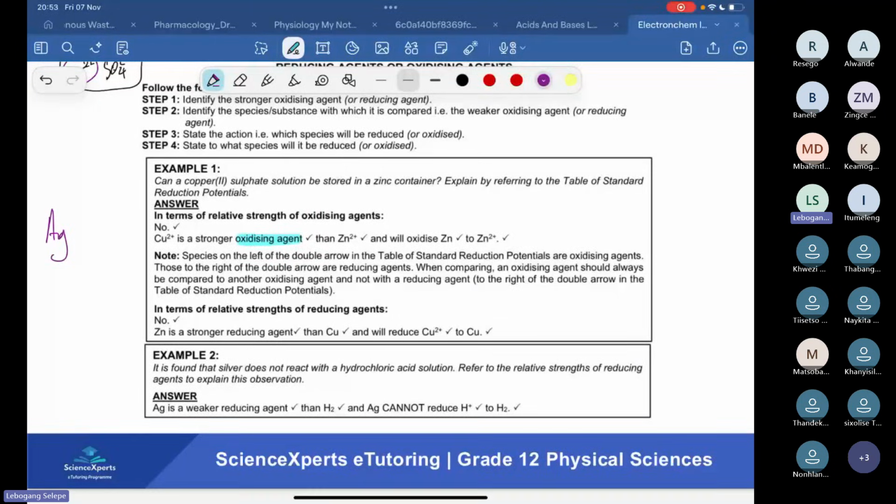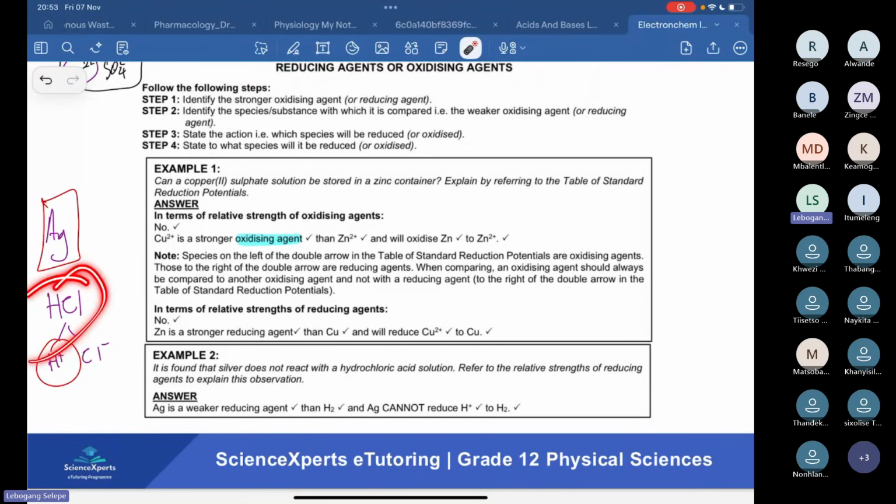It's Ag with hydrochloric acid. Hydrochloric acid is HCl, but you know that it will dissociate into H+ and Cl−. So can Ag donate its electrons to H+? Remember, in these solutions we are only interested in the positive ions, because normally the negative ions are just spectators.